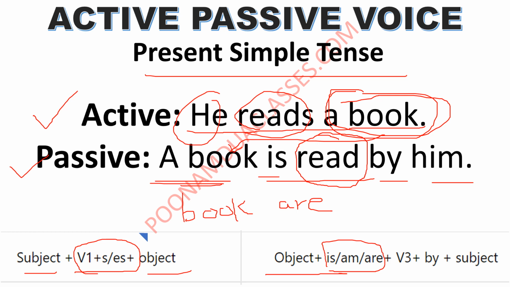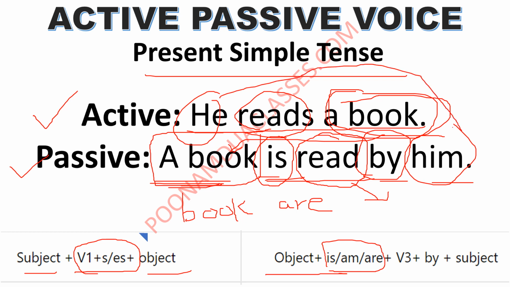It becomes a book is. At present, it is a singular subject, so we will write is. A book is read, third form. By we always use, and he will get converted into him. In the next part of the video, I'll show you how we convert subject pronouns into object pronouns.